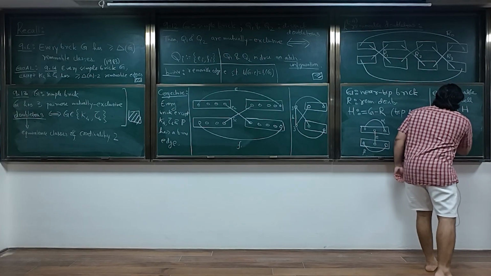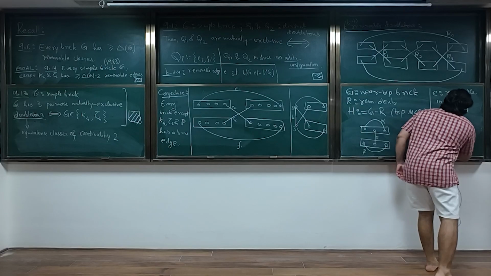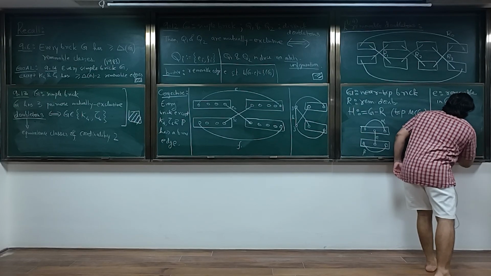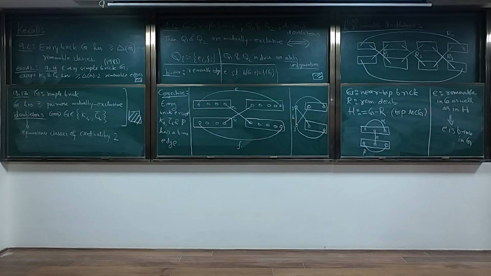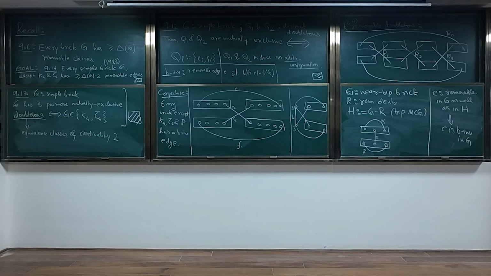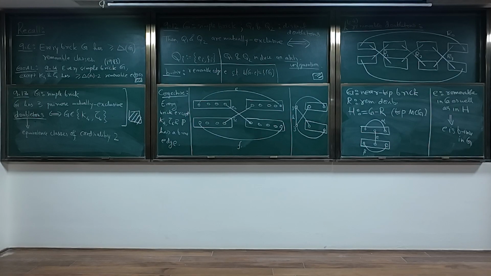This implies that E is B invariant in G. Of course, in the bipartite graph it is B invariant, because in a bipartite matching covered graph every removable edge is B invariant. What is interesting is that such edges that are removable in G as well as the underlying bipartite graph with respect to any fixed removable doubleton R, they are actually B invariant in the big graph G.